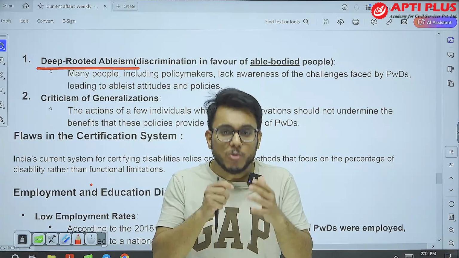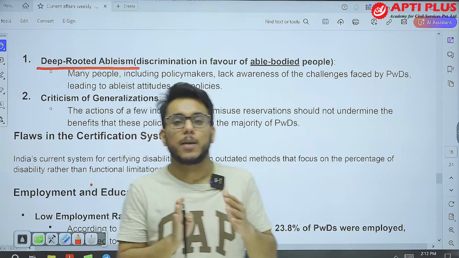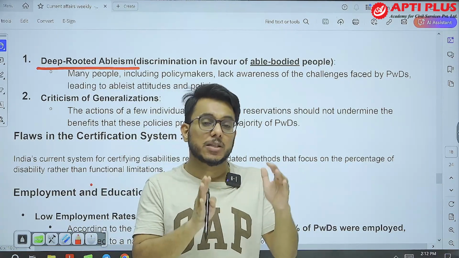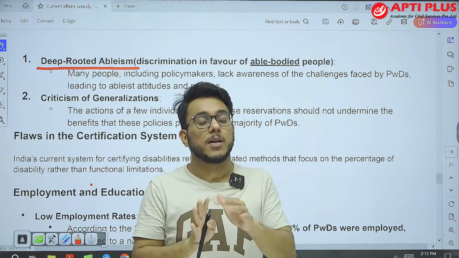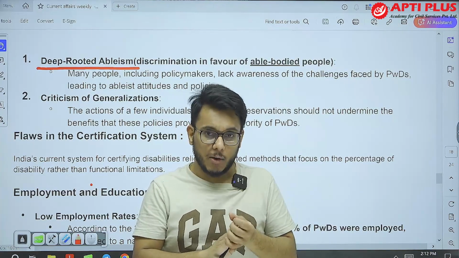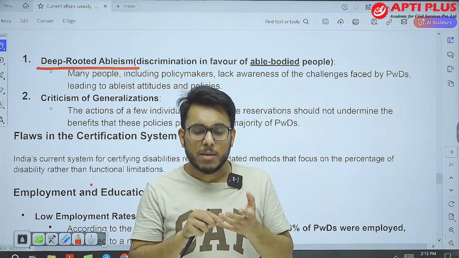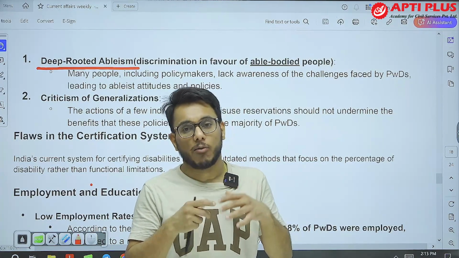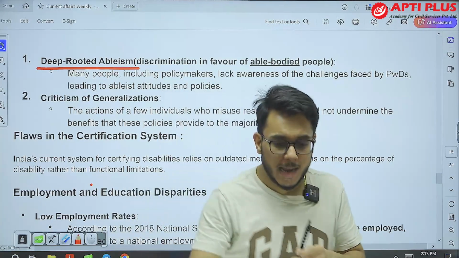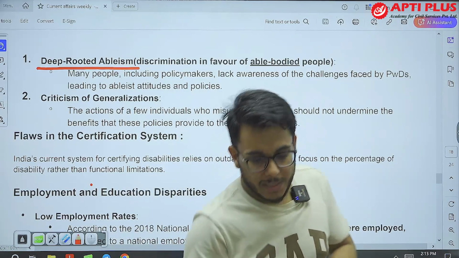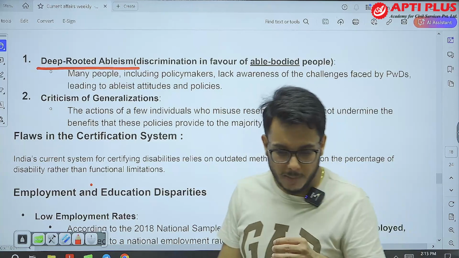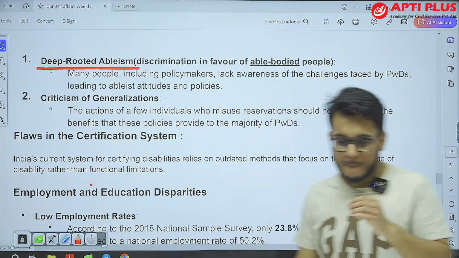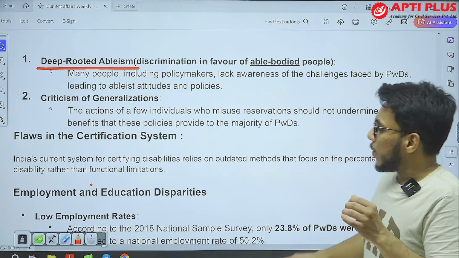When we talk about parliament, how many MPs and ministers can you recall who have a discernible disability? So many times policy makers fail to take into account the perspective of disabled people. So there is ableism in policy making.